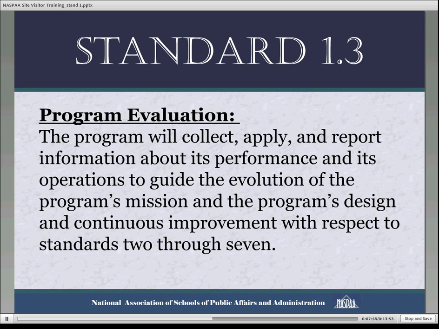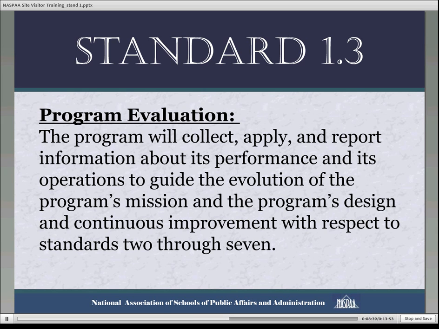So if it's doing some sort of annual exit surveys with its students, surveys of its employers, whatever it is, you're just looking for a description of the process, and that the data collected is being distributed to appropriate committees, perhaps faculty committees who act on it, that it's reviewed annually at retreats, discussed in faculty meetings, whatever the process is. What you're looking for in the self-study report, and when you're on site and trying to see how the system works, you're looking for evidence in terms of compliance with the standard that processes exist.